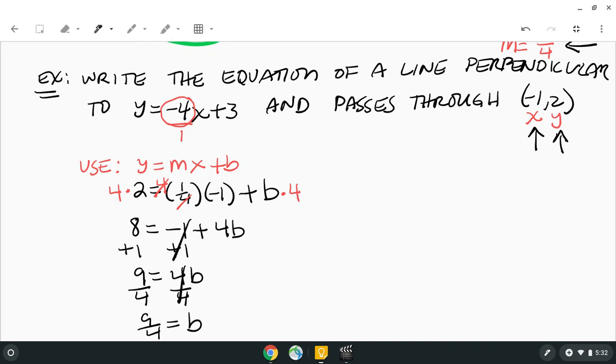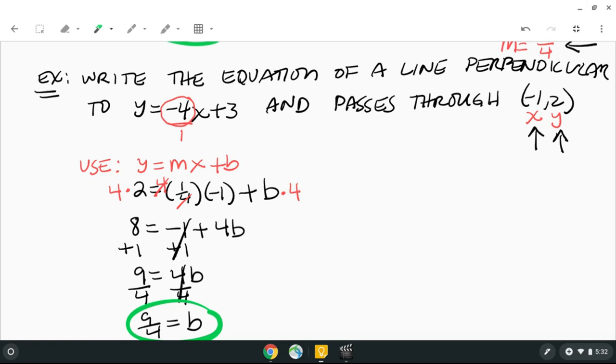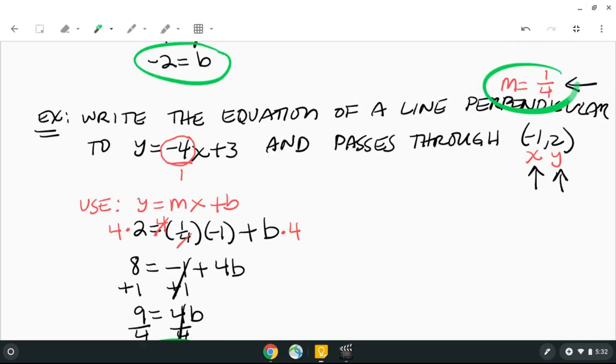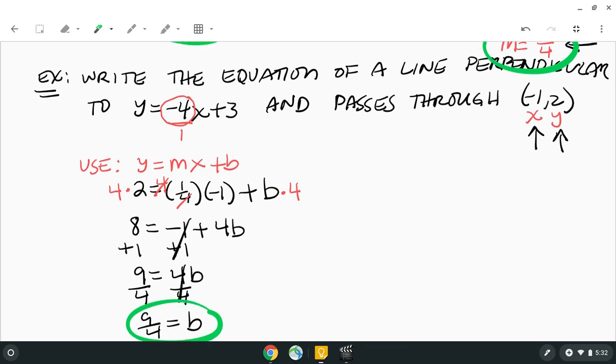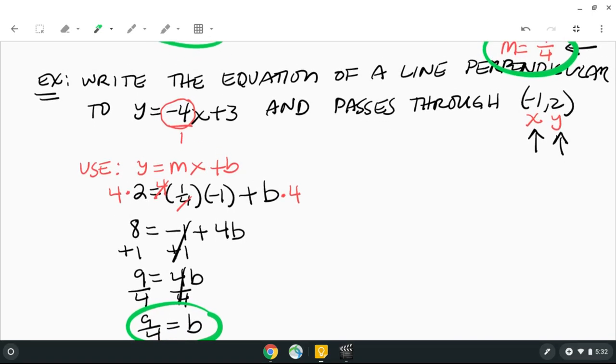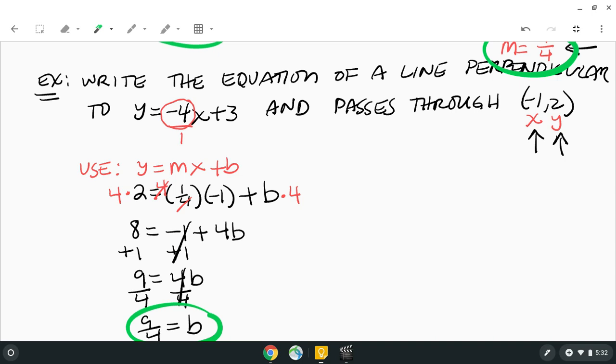Okay, so now I have my m and I have my b. I have the slope over here hiding. Okay, so once you have m and b, you can write the equation of the line.